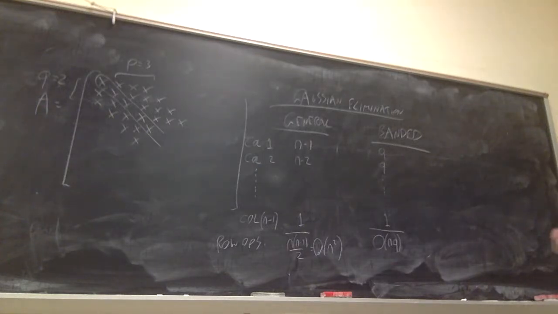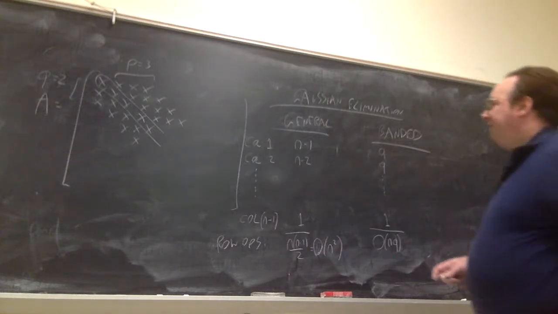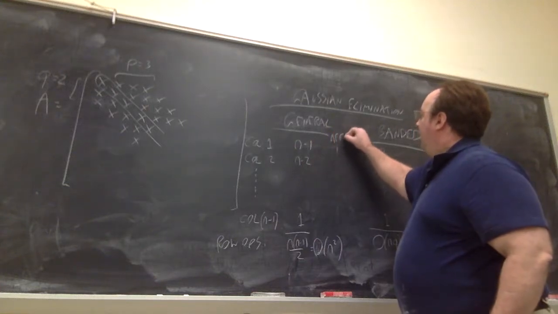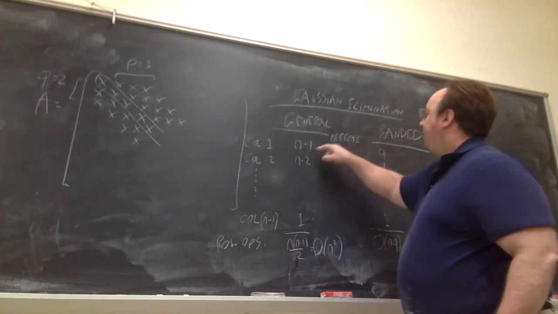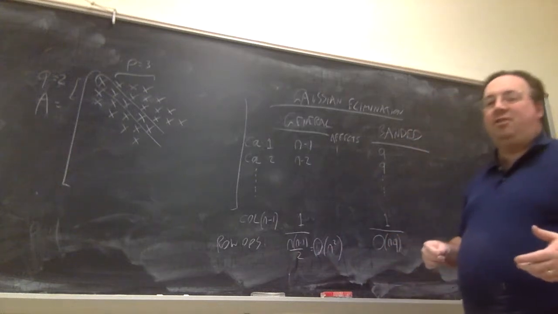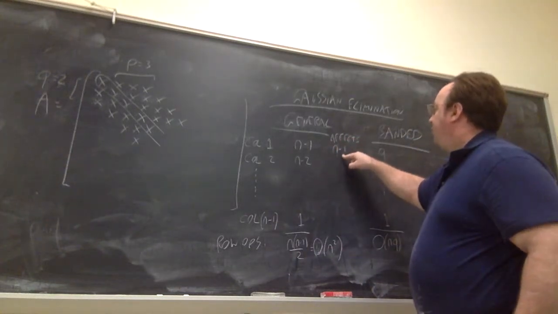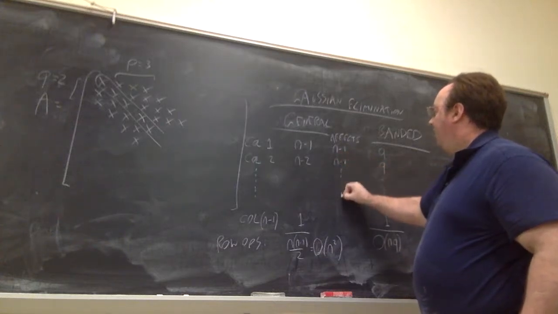But then we look at each row operation, how many entries of that row are affected by the row operation. So here in this case, every time we perform a row operation dealing with a first column, we're not touching the first column, but we touch all other columns. So n minus 1 entries per row, and then n minus 2, and so forth.